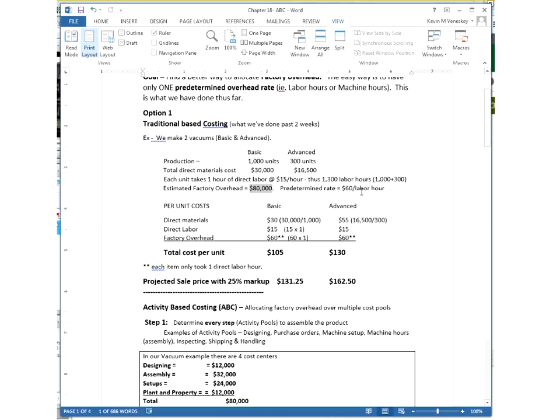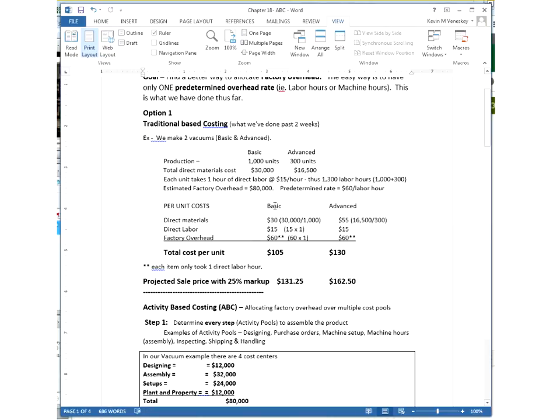We have already determined, based on labor hours or machine rates, however, I based it on labor hours here, that for every labor hour we need to put $60 into the cost of that product. So if it takes 2 hours to make something, which obviously it doesn't, only takes 1, it would be $120. And we're going to spread that $80,000 out.